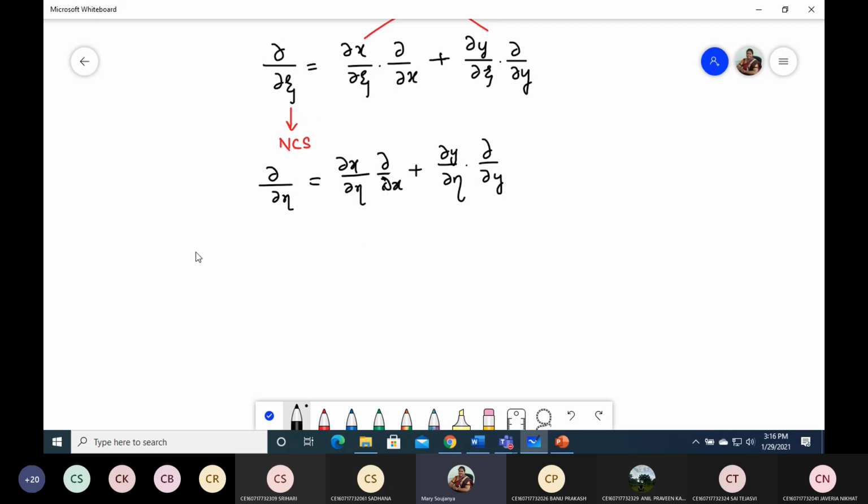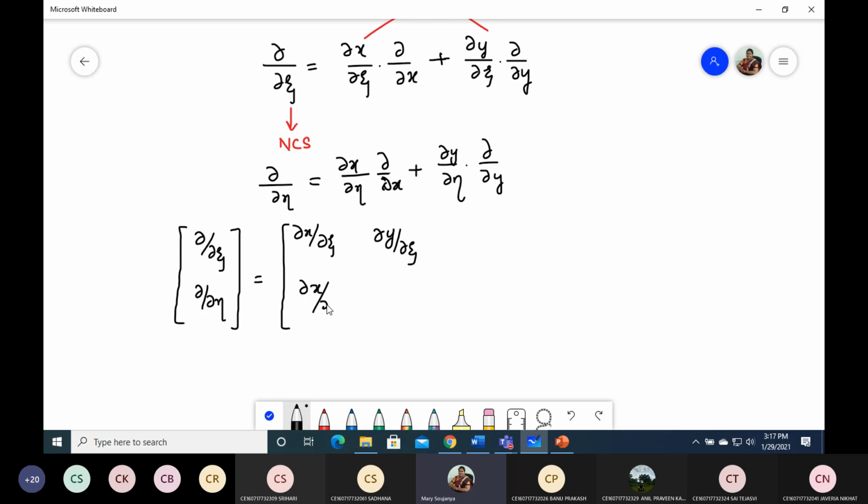Now, if this is taken in matrix form, dou by dou xi, dou by dou eta is equal to the matrix with rows dou x by dou xi, dou y by dou xi, and dou x by dou eta, dou y by dou eta, multiplied by dou by dou x, dou by dou y.